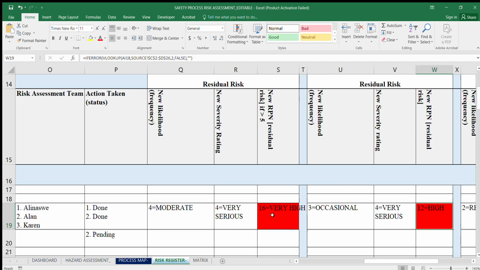So they are both high, but one is very high. Then also the risk priority number here will tell you something about the reduction. So you had a risk priority number of 16 in your initial review, but now your risk priority number is reduced to 12. At least you've reduced the risk rating at that particular point.